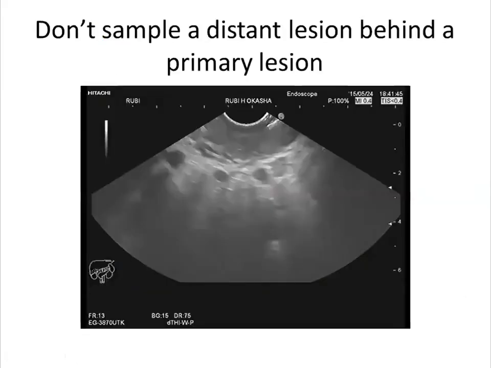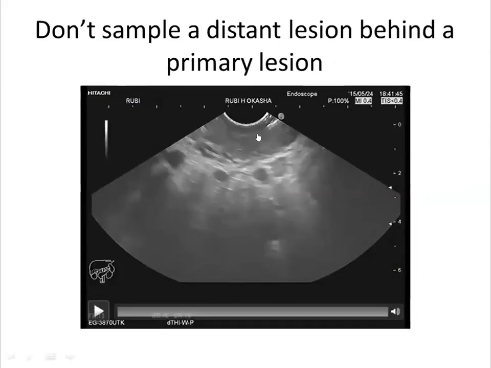Another trick is don't sample a distant lesion behind a primary lesion. As in this case of markedly thickened wall of the gastroduodenal junction. This is the wall of the gastroduodenal junction. It looks like adenocarcinoma mostly. And this is a lymph node. This lymph node may be benign, may be malignant.